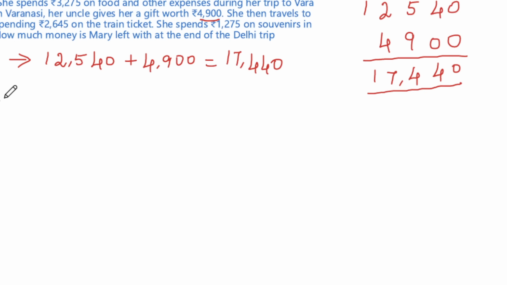Now we will see the total expenses. So I'm going to add all the expenses. First, what she did: Mary's on a train, she started from Kolkata, then she spent 3,275 for food.